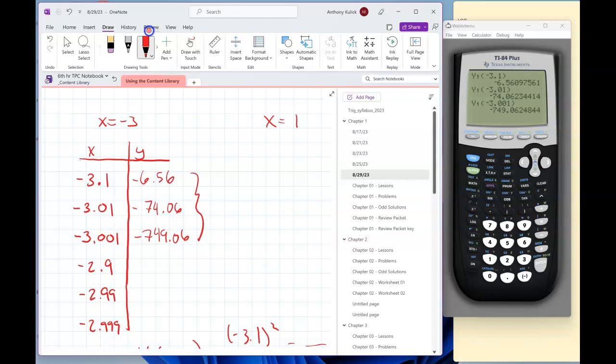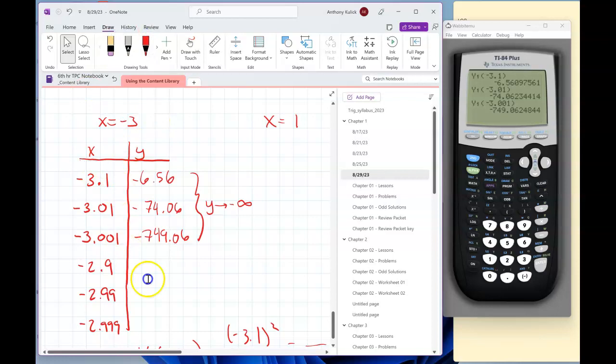If I look at these three values, notice each time I get a little bit closer to negative 3, the y value is getting a lot smaller, right? Everybody see that? We go from negative 656 to negative 7406 to negative 749.06. So what are these doing? The y here is heading towards negative infinity, right?